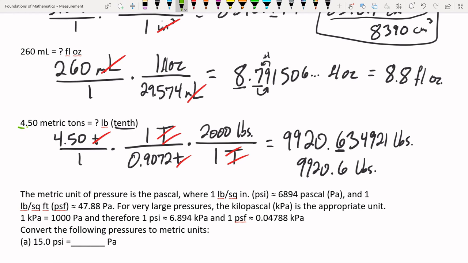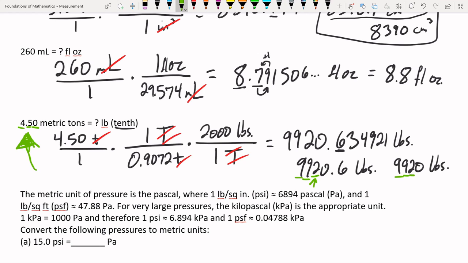So we have 1, 2, 3 sig figs in the starting position. 1, 2, 3 significant figures would be at the 2 there. If we wanted to round it to significant digits, then we would round it to 9920 pounds. Because now we have 1, 2, 3 significant figures, just like we did in the beginning here. So that's how the rounding works differently.